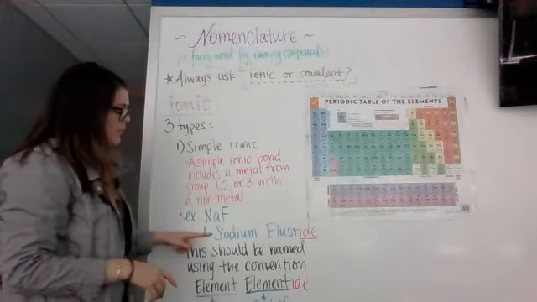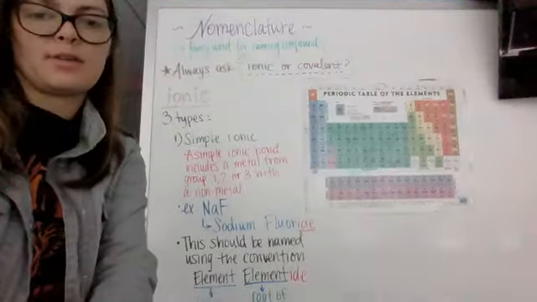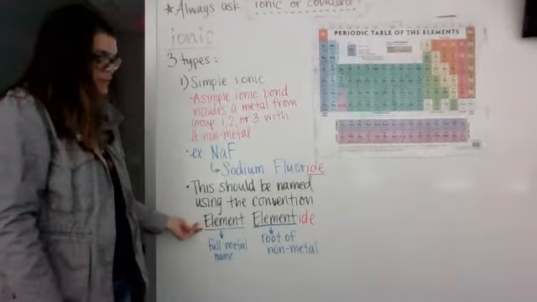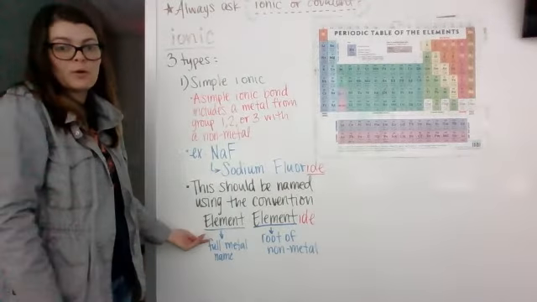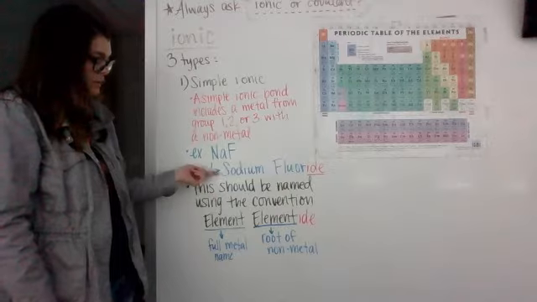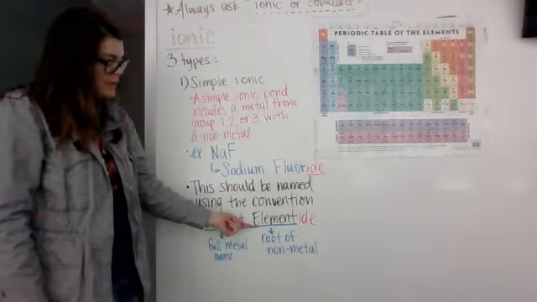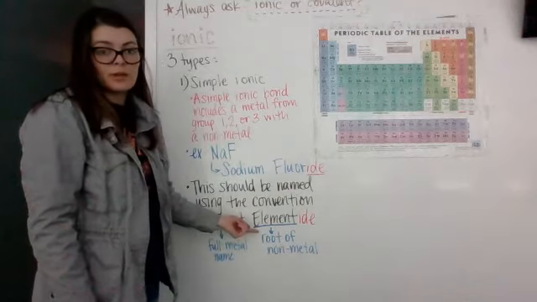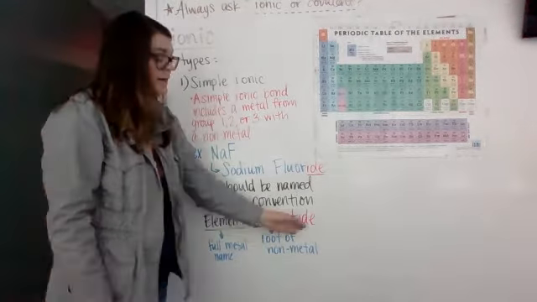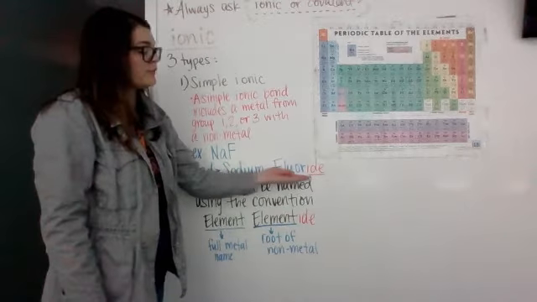It needs to be named using this convention down here. We take the metal name and write that fully out, so with sodium, we write sodium. The second part needs to be the root of the nonmetal: take off the ending, just the root, and add IDE at the end. So sodium fluoride.